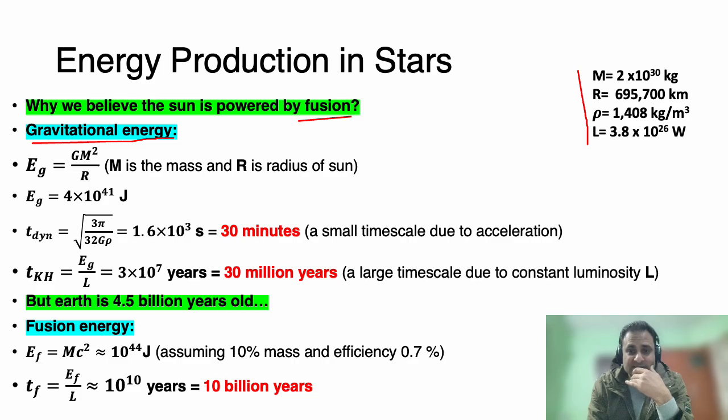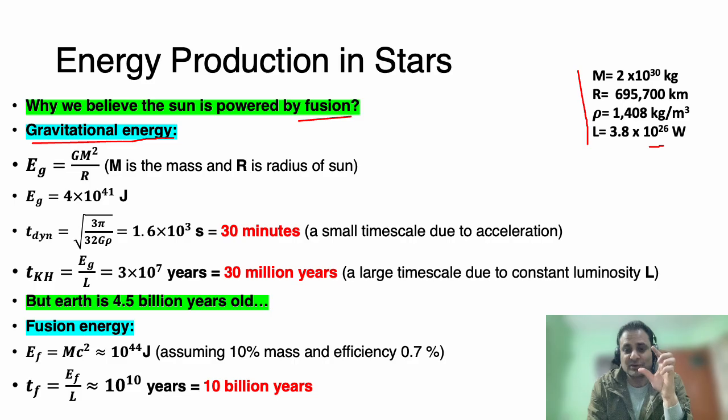The density is nearly 1400 kilograms per cubic meter, and the luminosity of the sun is also very high. It's 10 to the power 26 watts. So you know that 100-watt bulb, right?